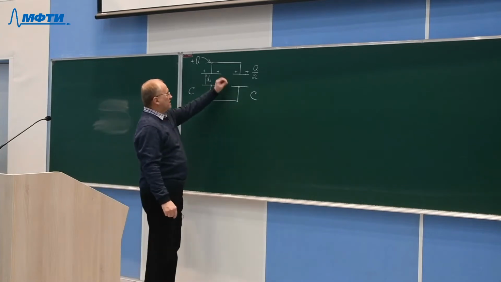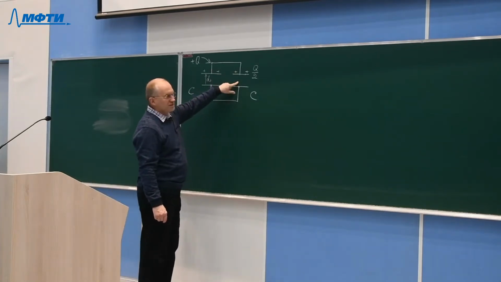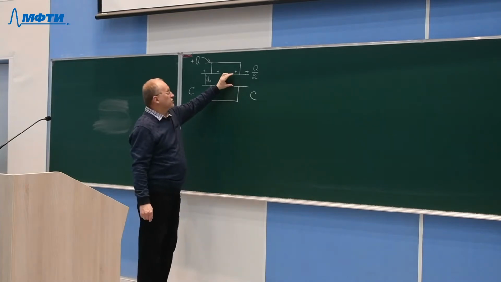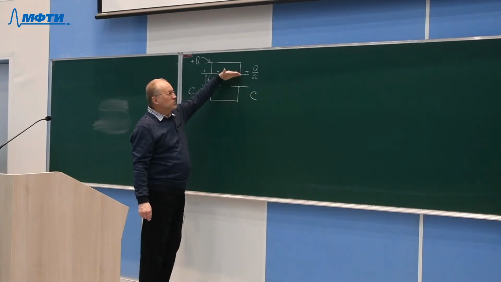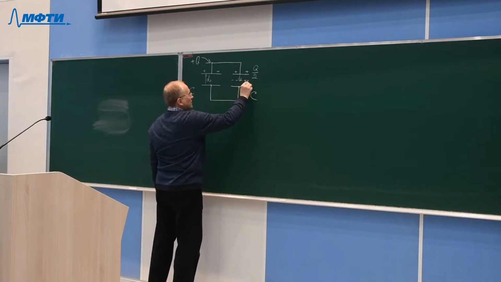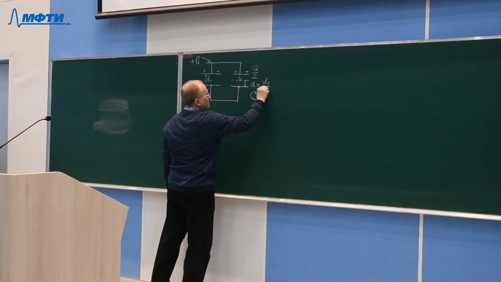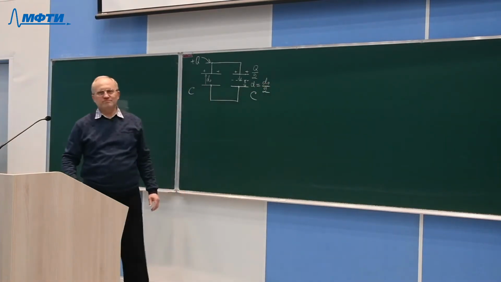The problem says that the distance between the plates of the second capacitor is changed. We move the upper plate in such a way that the distance is reduced by half, so that the final distance will be the initial distance divided by 2.